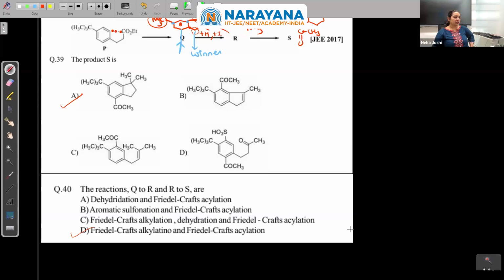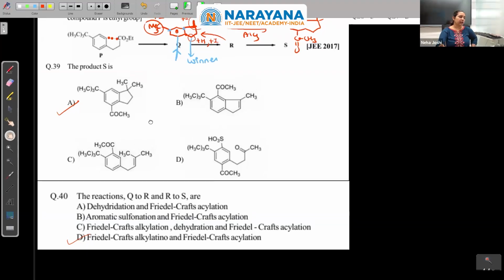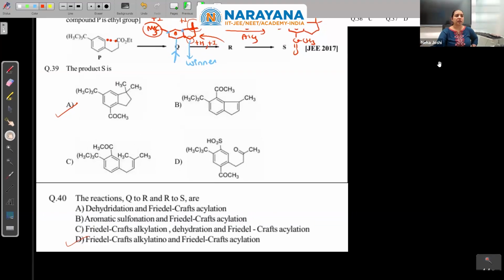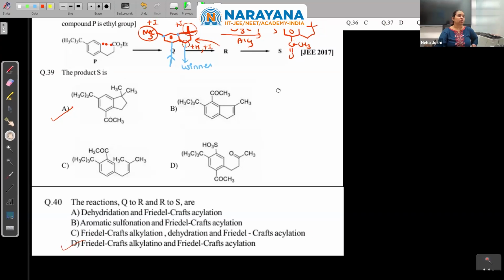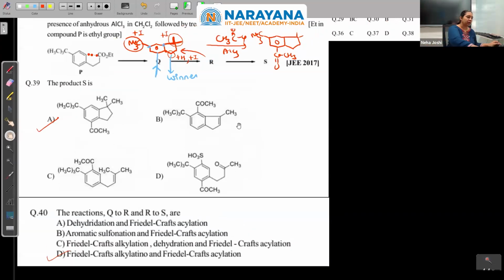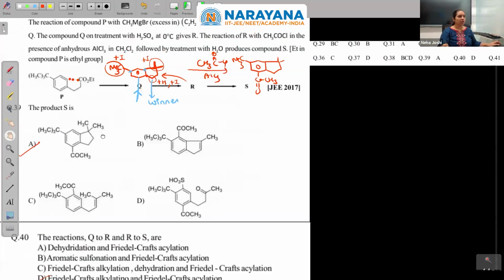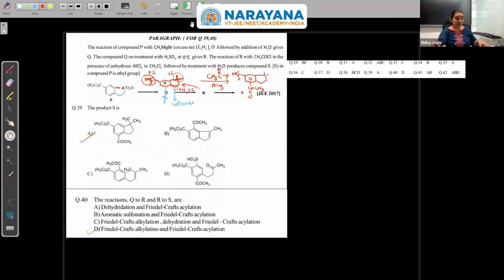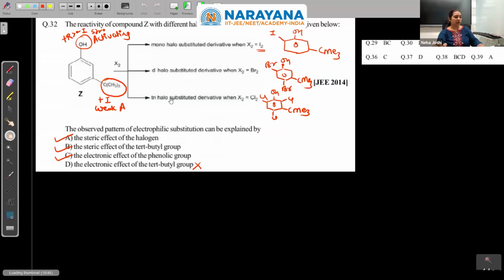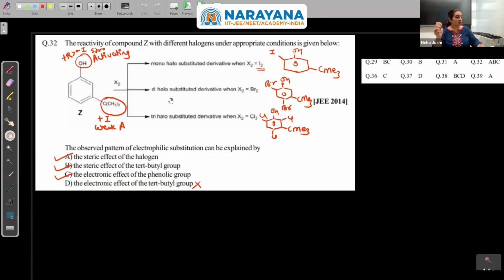For this, the answer is D. Is that clear? So for 39 the answer is A, 40 the answer is D. Now I hope you have got my point on how to use the effect. And it is asked in JEE, so you cannot ignore it. These two questions are of direct relevance.